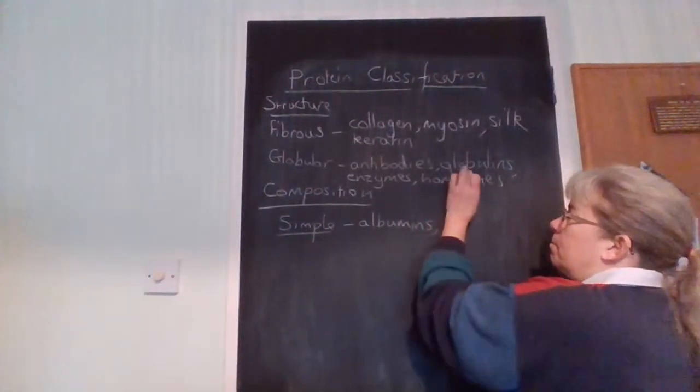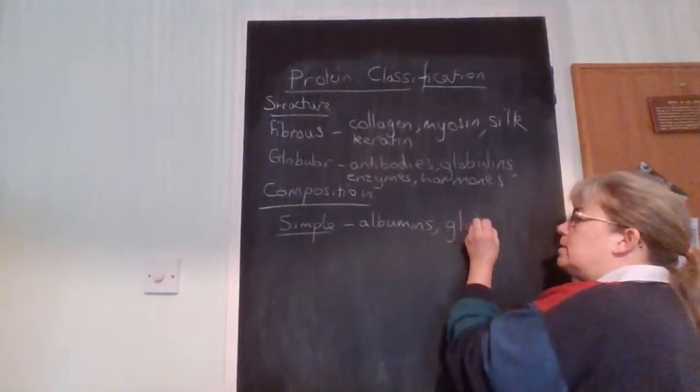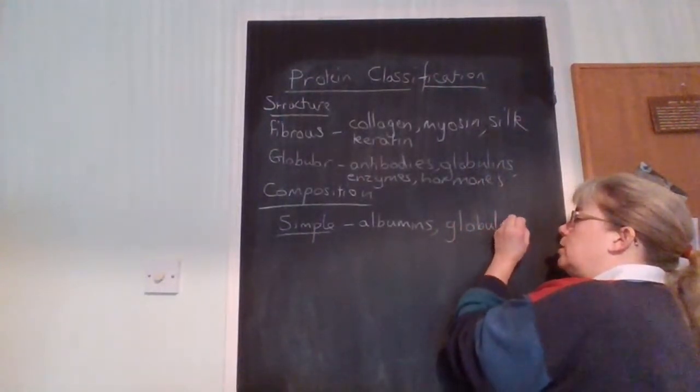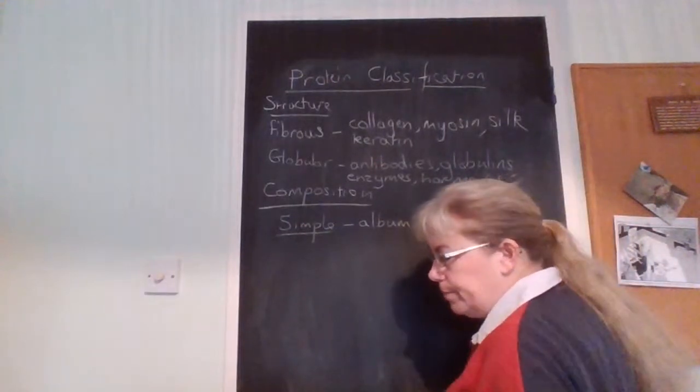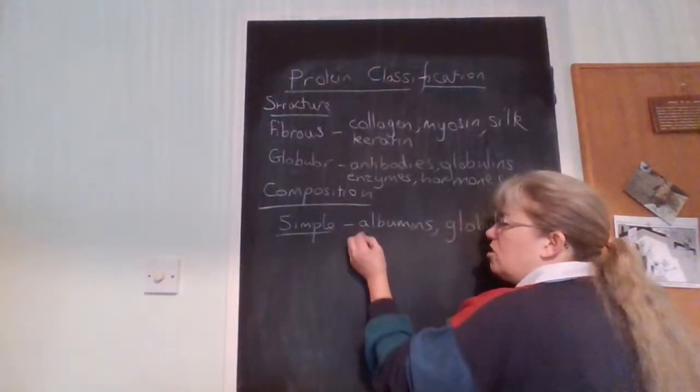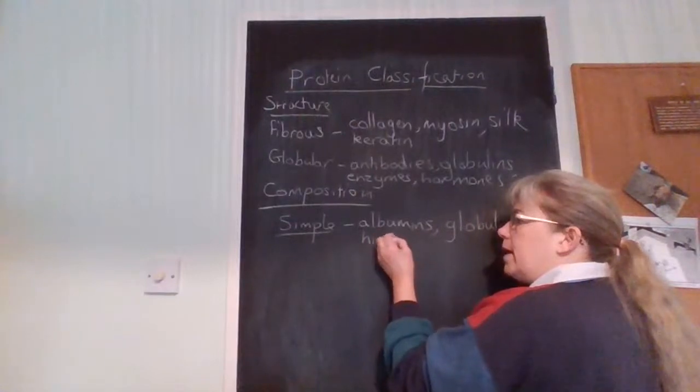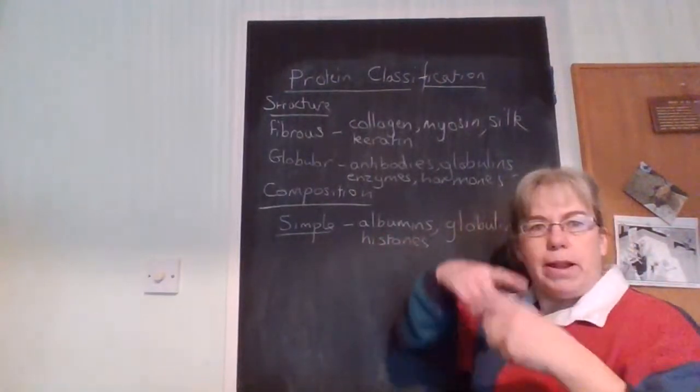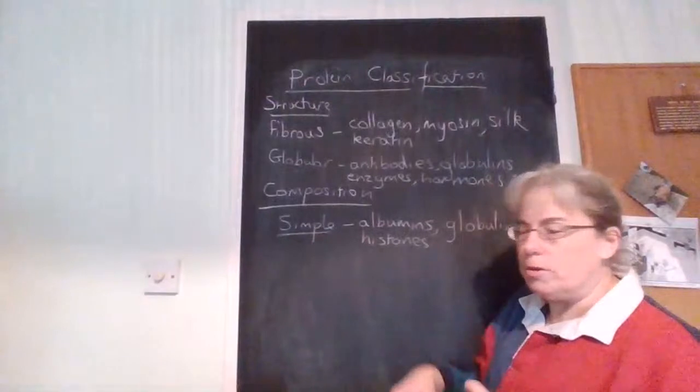Globulins crop up again. These are simple; the majority are simple. Histones are found in nucleic acids. They help nucleic acids wrap up around to form chromosomes.